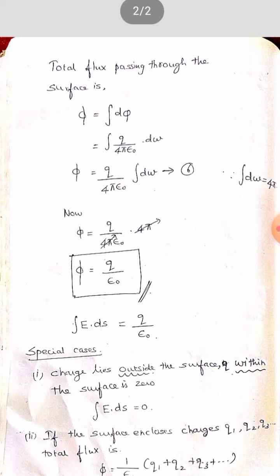So that is written as phi is equal to 1 by epsilon naught into q1 plus q2 plus q3 going up to qn. The left hand side phi can also be written as integral of E dot ds. That is given in the final step. So that's all about the Gauss law.